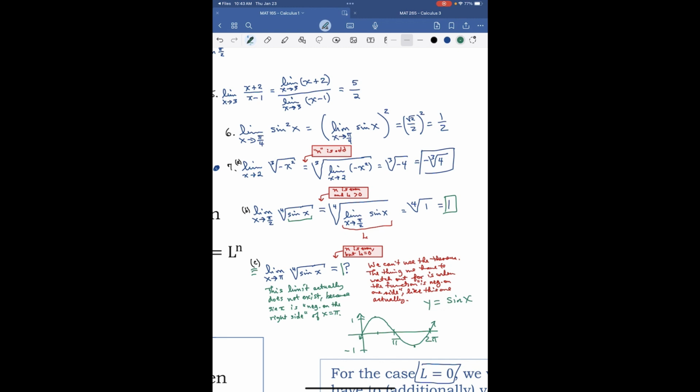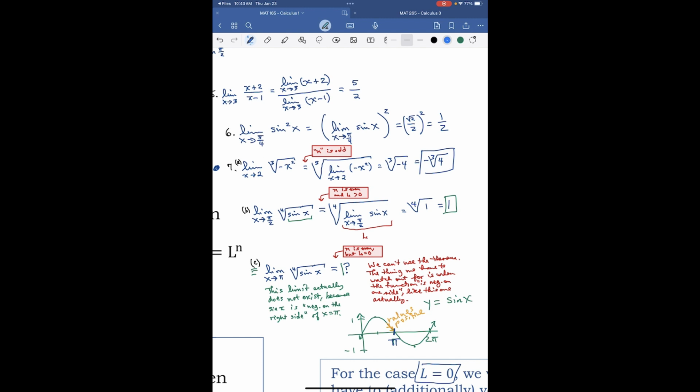And so the problem is that since we're taking the limit as x approaches pi, let's look at things from each side. From the left side, the sine values are positive, and there's no trouble there.